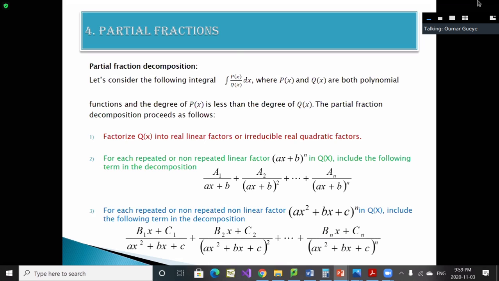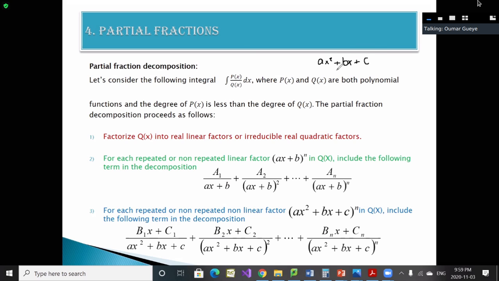This is what we mean by a quadratic factor: ax squared plus bx plus c.